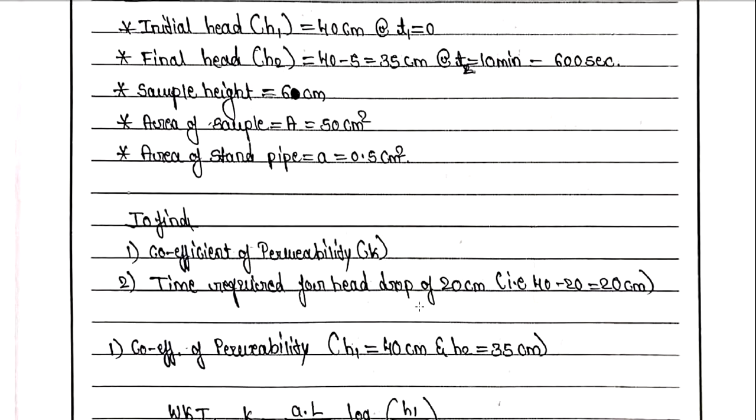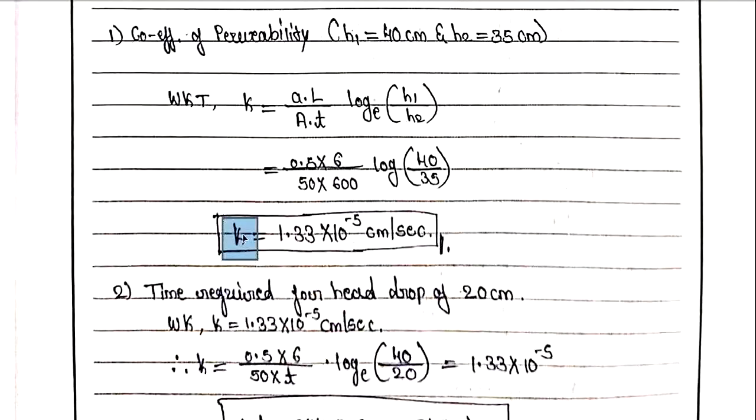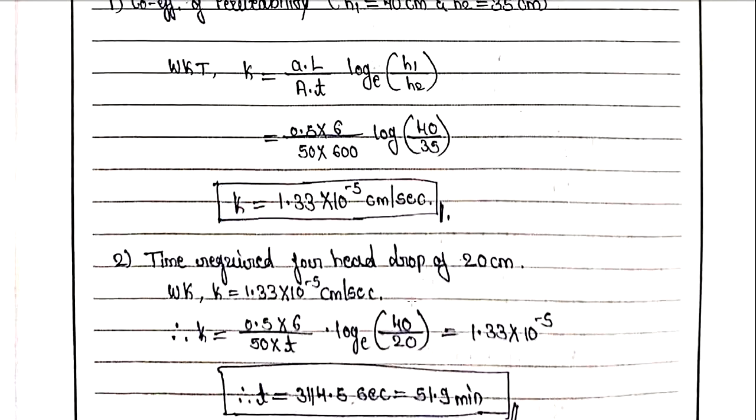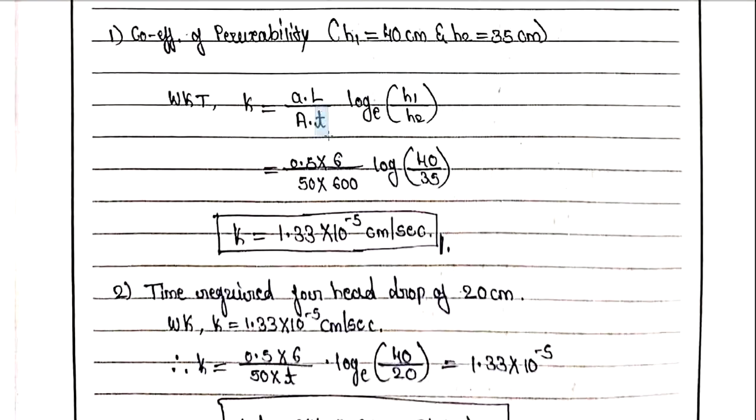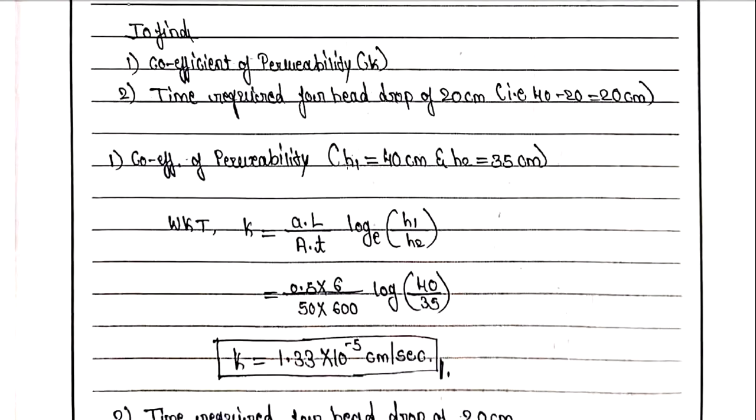So first we find the coefficient of permeability, and after that we use it to find the time taken for the head drop of 20 centimeter. Initially we use H1 and H2 as 40 and 35 to find the K value. So you can see small a into L divided by capital A into T into log e to the base H1 divided by H2.